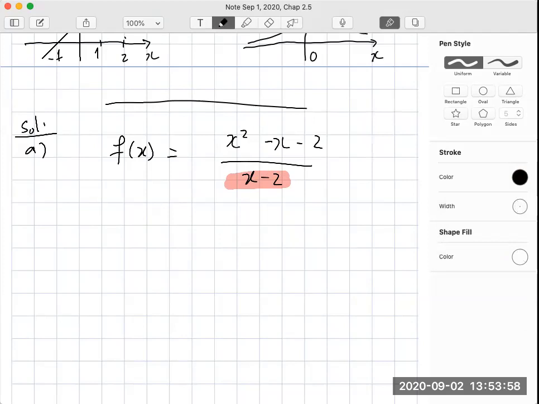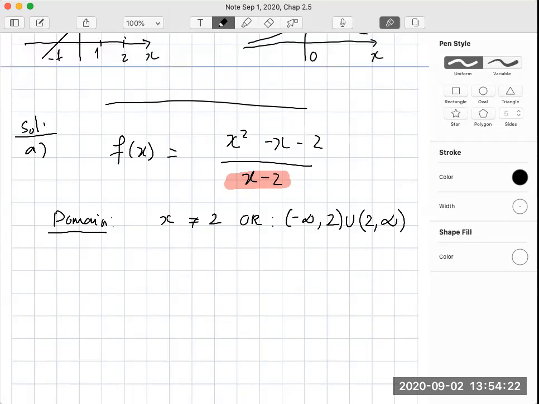So the domain will be x is not 2. Or we can write it from negative infinity to 2, and then union with 2 and infinity.